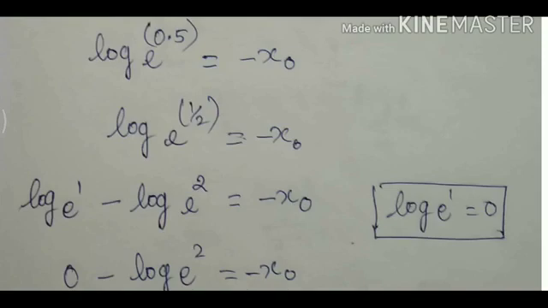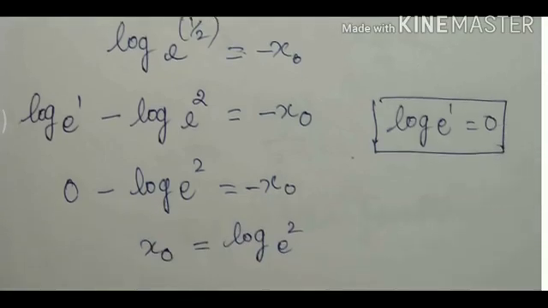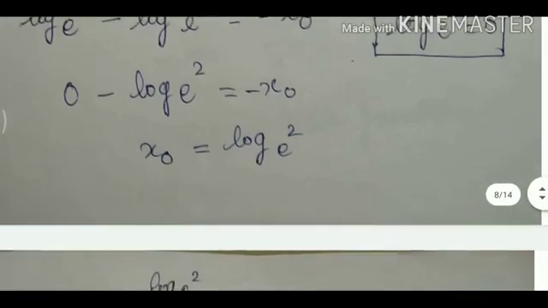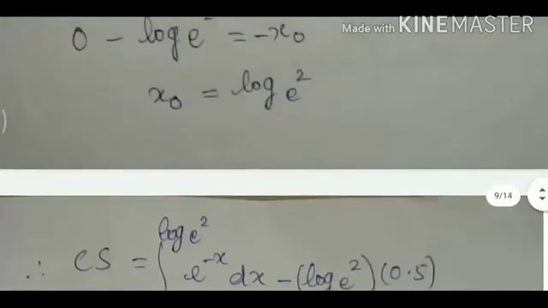In quotient form, that is log 1 minus log 2 equal to minus x naught. The value of log 1 equals 0. Therefore 0 minus log 2 equal to minus x naught. Therefore x naught equal to log 2, cancelling the minus sign on both sides. So we have found the value of x naught.